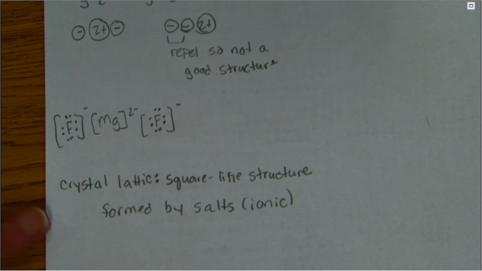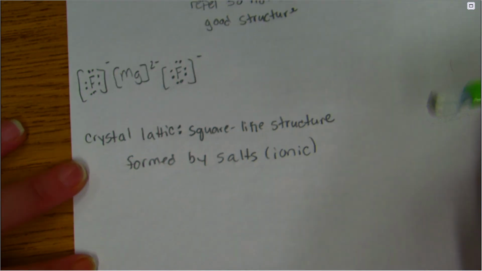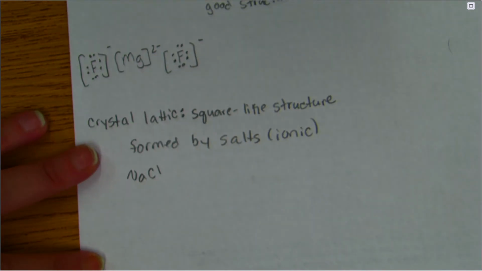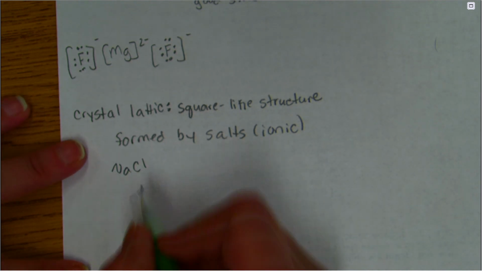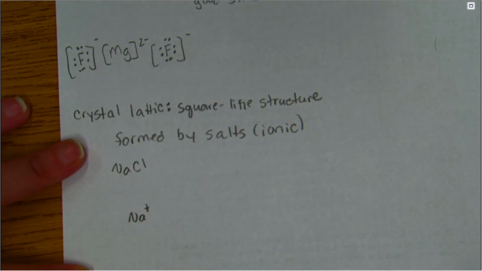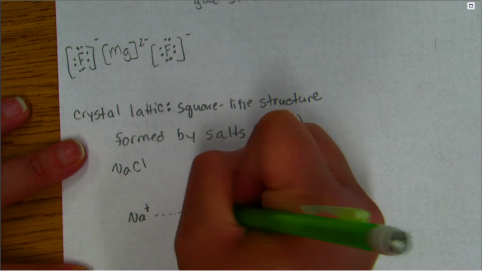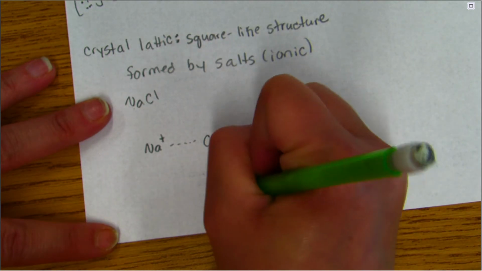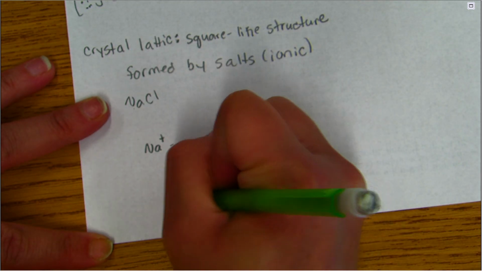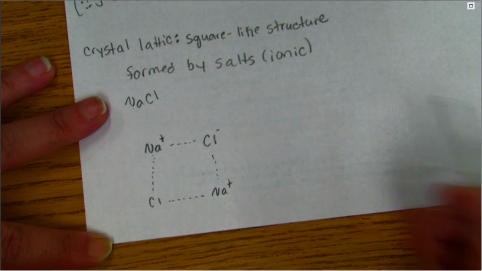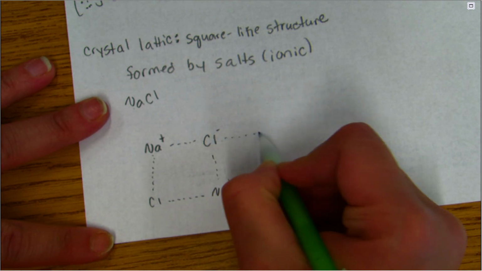So let's look at the crystal lattice of, let's say, sodium chloride, NaCl. This is table salt, the salt that you eat. All right, so sodium is a Na+, and it is attracted to a chloride, which is attracted to a sodium, which is attracted to a chloride, which is attracted to a sodium, which is attracted to another.